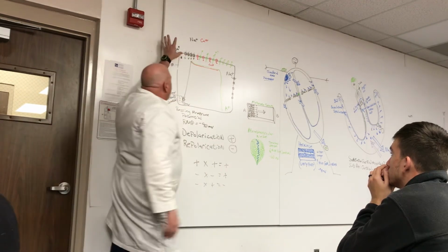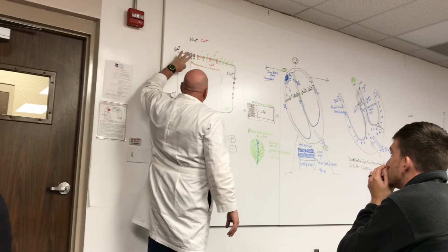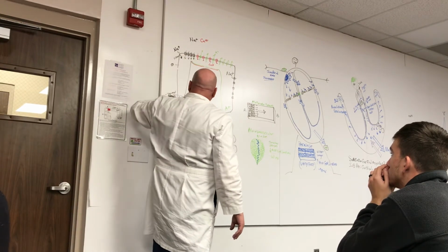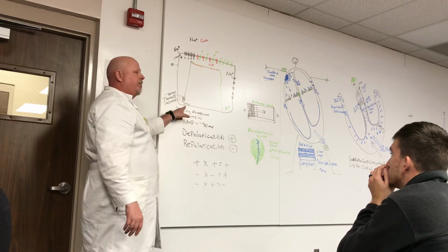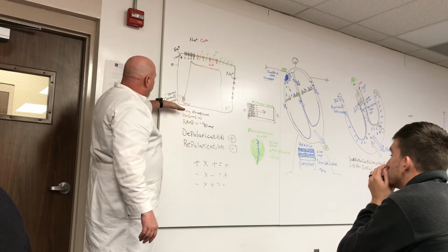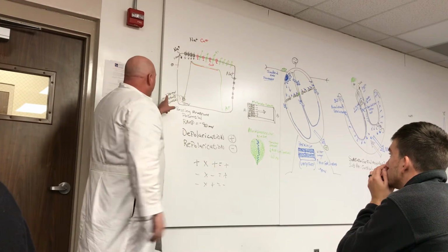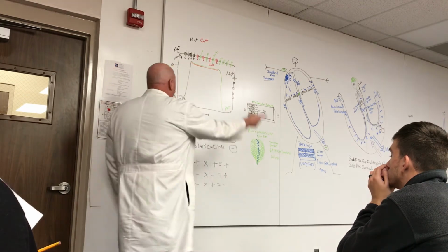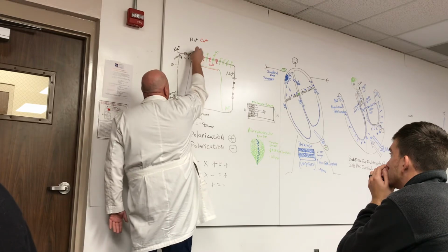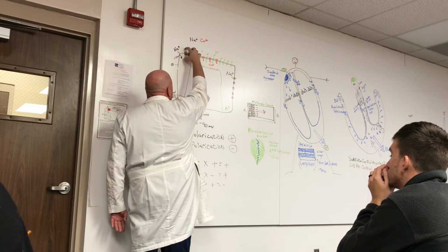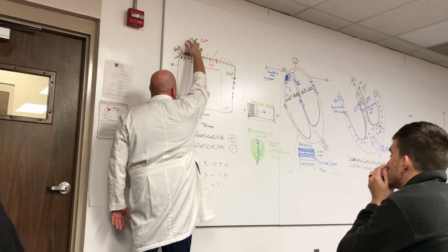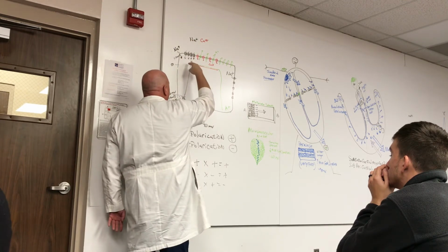Then sodium starts to leak into the myocardial cells, which changes the resting membrane potential, which is minus 90 millivolts. It starts to bring it up towards minus 70 millivolts, which is called the threshold potential. Once the threshold potential is achieved, the sodium channels open up, and these are fast-gated voltage channels, which cause sodium to pour in through diffusion.